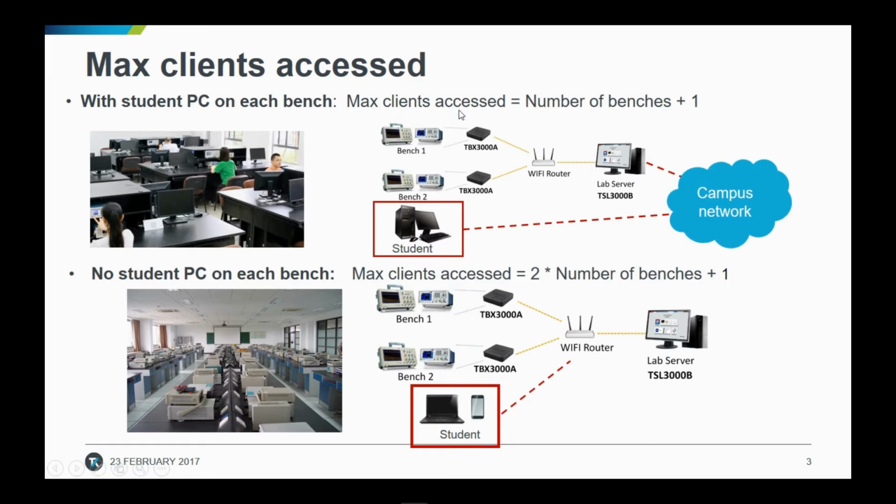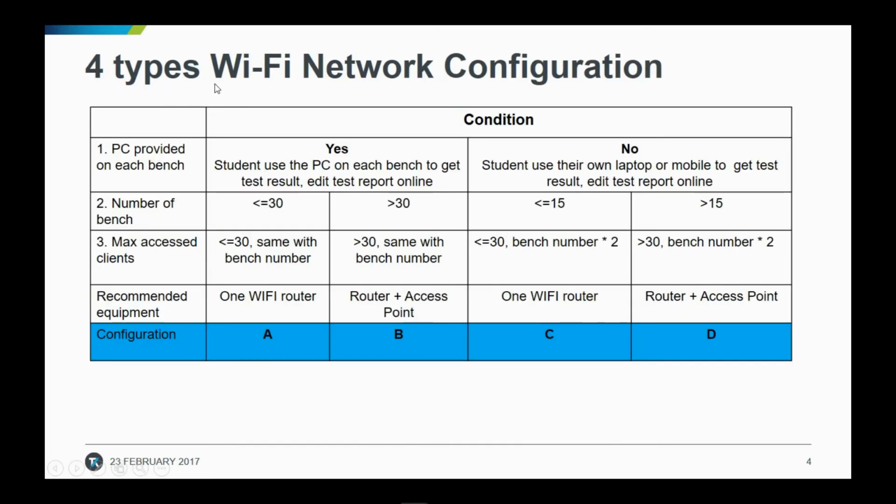Depending on the maximum clients accessed, we can decide the proper network equipment. It could be either a single Wi-Fi router or a combination of router plus access points. Here are the 4 types of Wi-Fi network configuration.